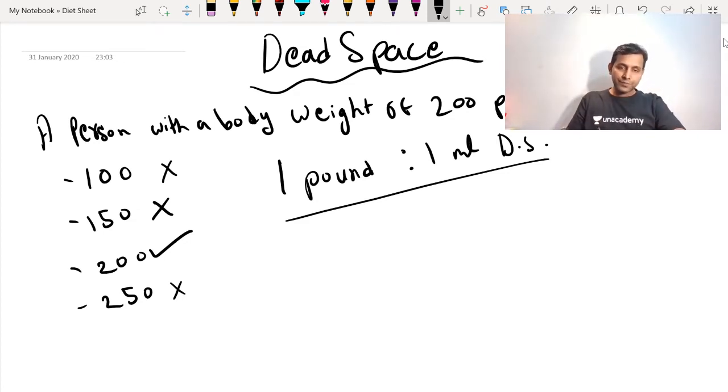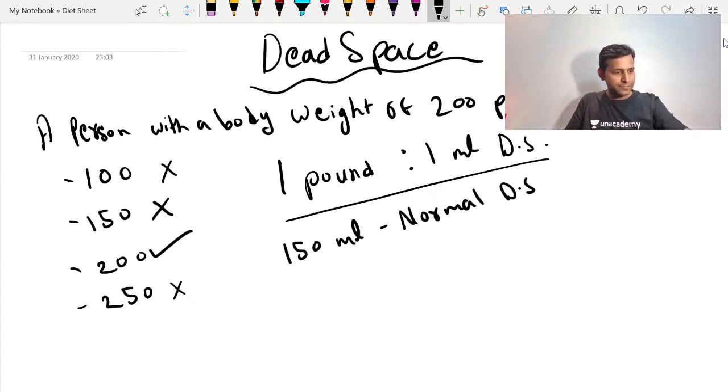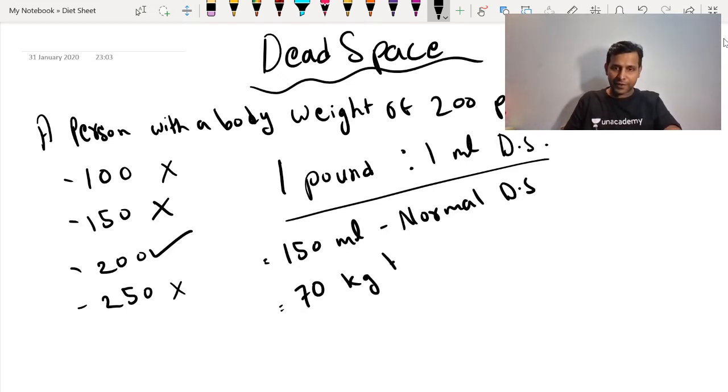The 150 ml of dead space that we use as a normal dead space is actually the dead space of a 70 kg healthy adult male.